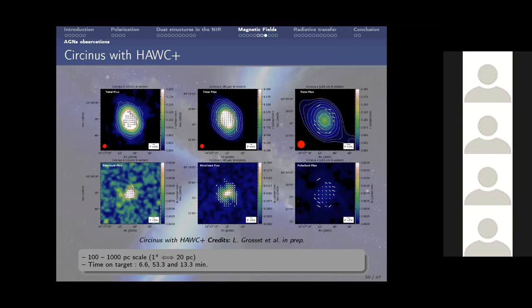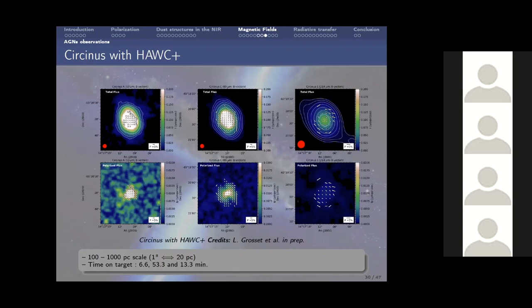Well, of course, you have an effect of the resolution, which is changing a little bit between all these different bands. But you can see these trends of pretty low polarization at the very center of the object, and then when we go further, a bit of an envelope of vectors with a bit higher polarization degree.